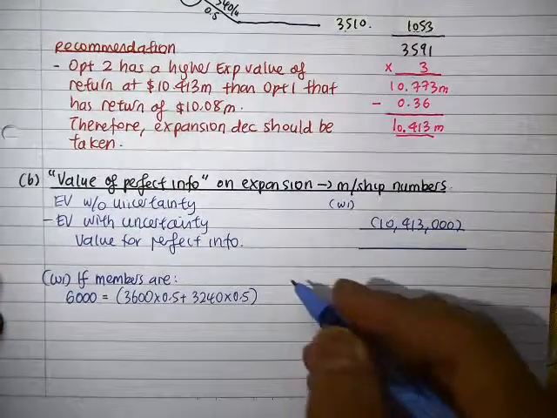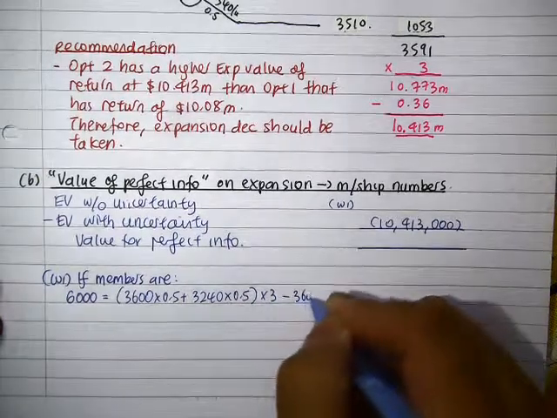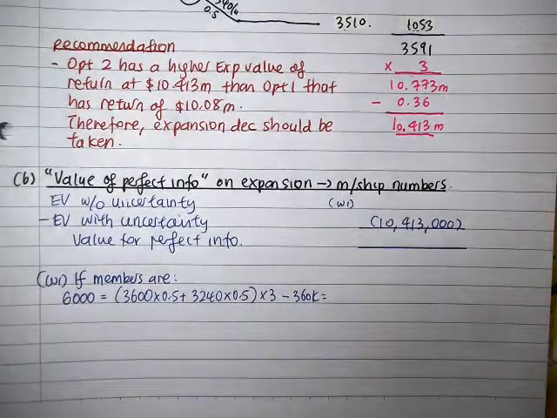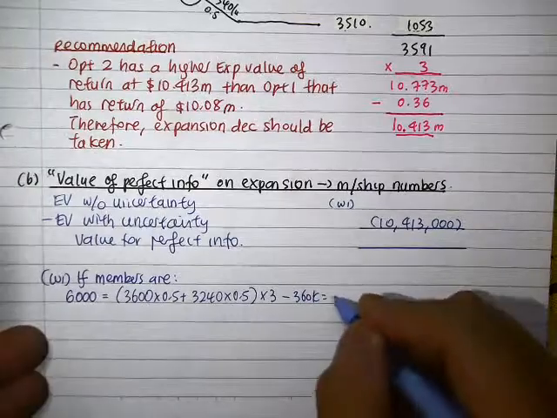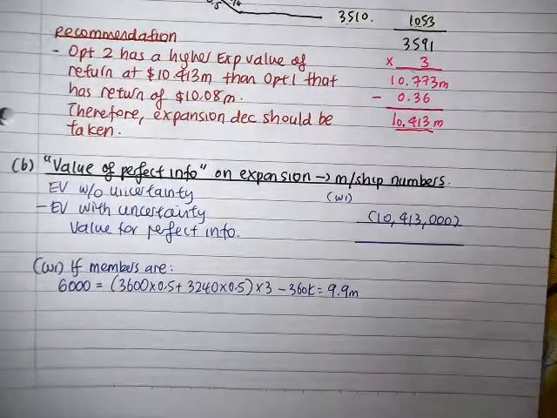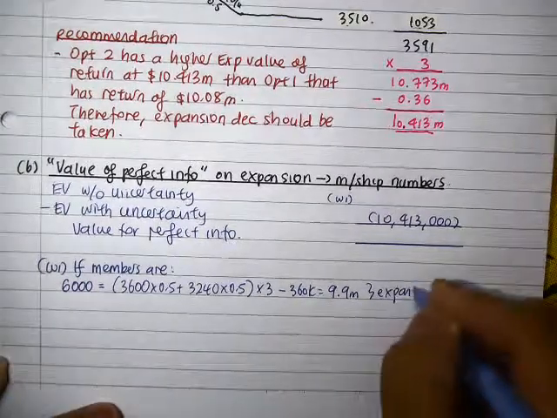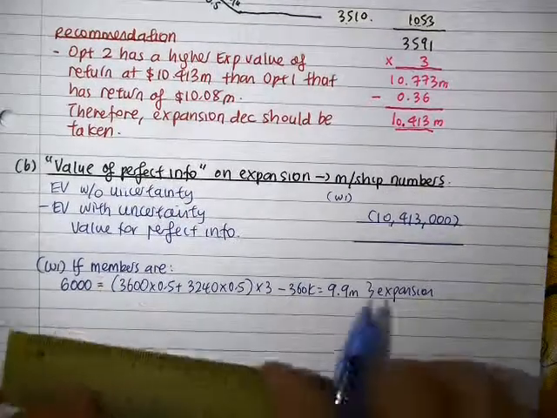Then you times 3 here, then minus 360. Now you're gonna get 9.9 million. Now this is expansion.